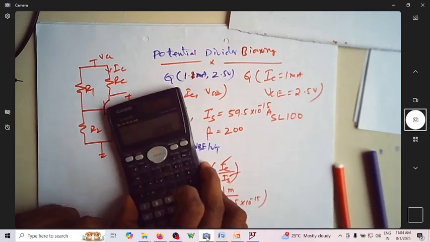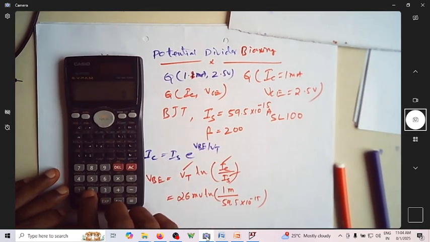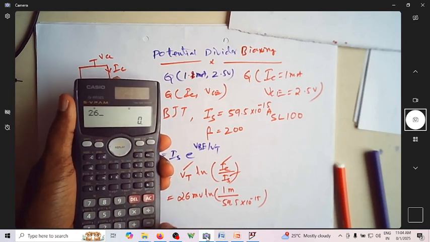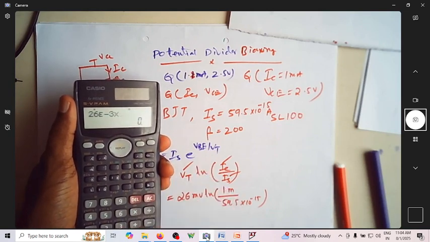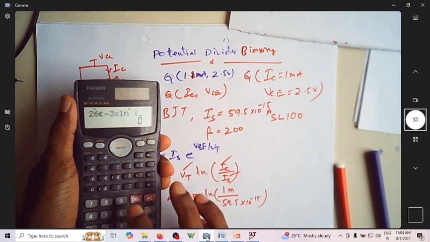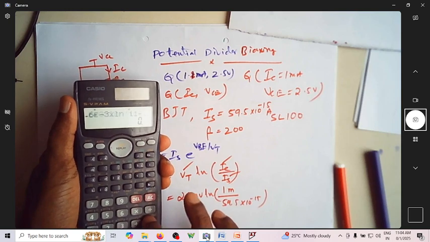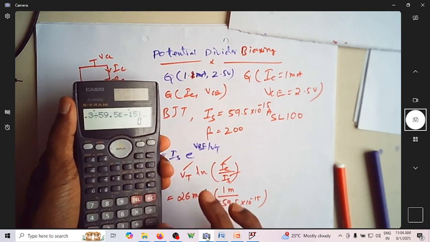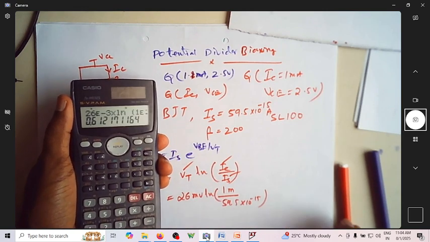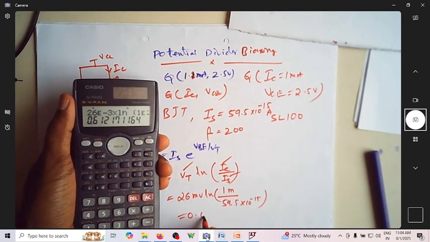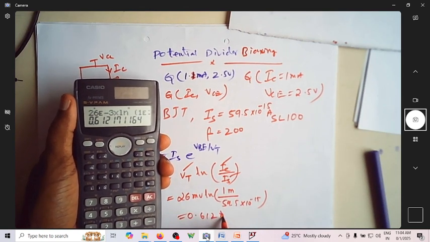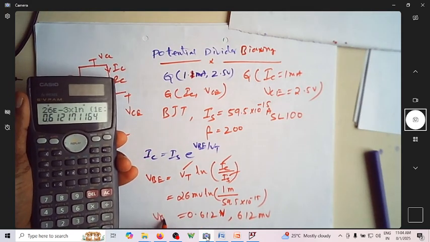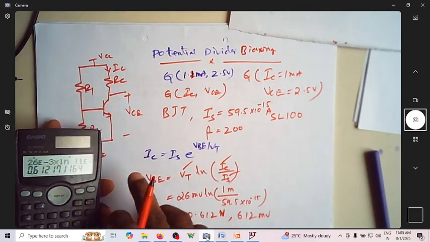Let me find that out: 26 exponential of minus 3 into ln of 1 exponential of minus 3 divided by 59.5 exponential of minus 15. The value comes out to be 0.612 volt, or 612 millivolt. So this is VB required.